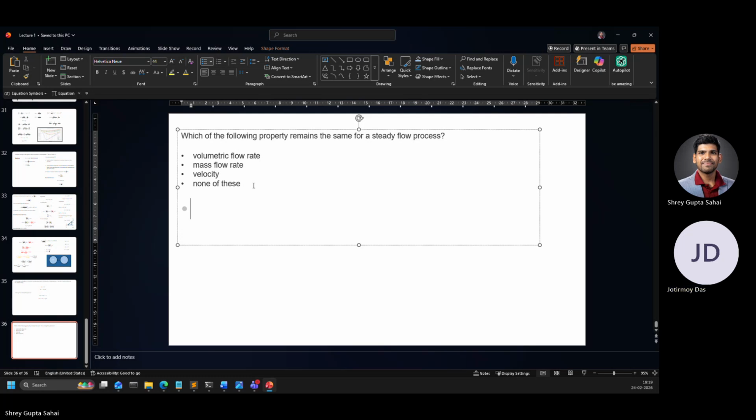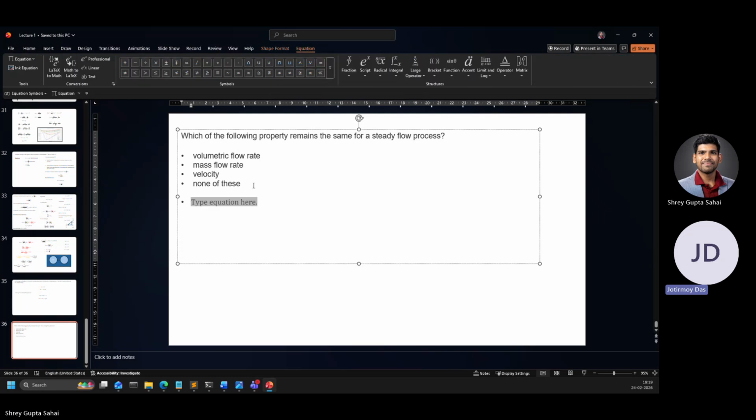Because in case of the volume, it is a function of the density, which can vary with temperature. But in a steady flow process, there is no accumulation of mass in the system. Right. Essentially, what you're saying is dm by dt is 0, which is also equal to the summation of m dot in minus m dot out.